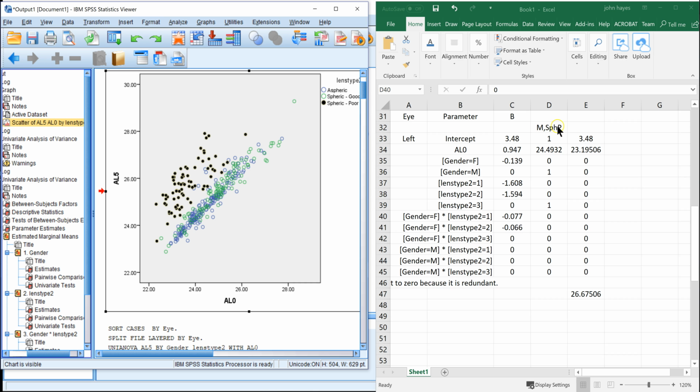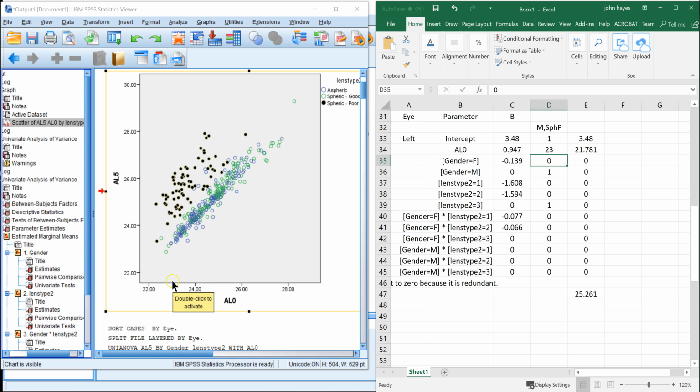Let's say we want the male spherical poor estimate when the baseline axial length is 23. Okay, well, it's 25.261. So 23, spherical poor, 25.26 is going to be somewhere in there. That's the predicted value when they start out with a short axial length.